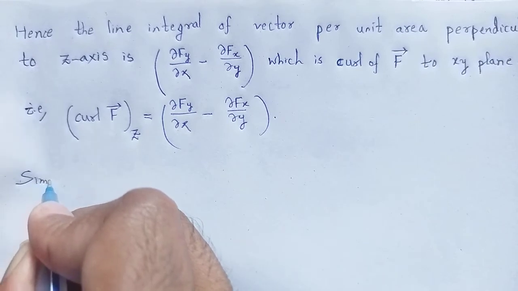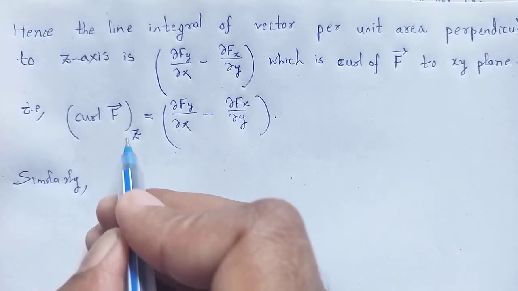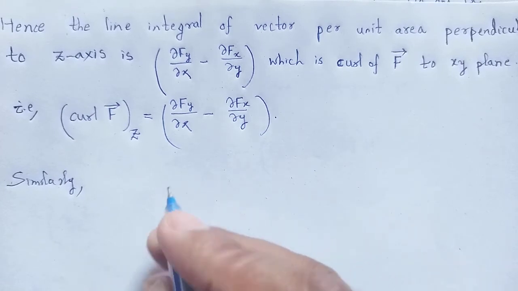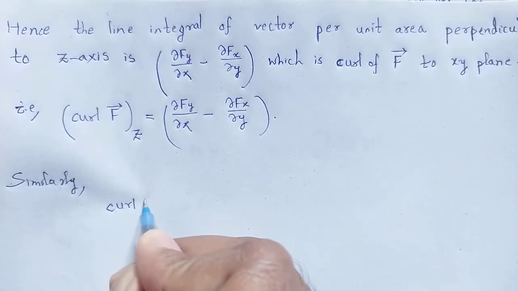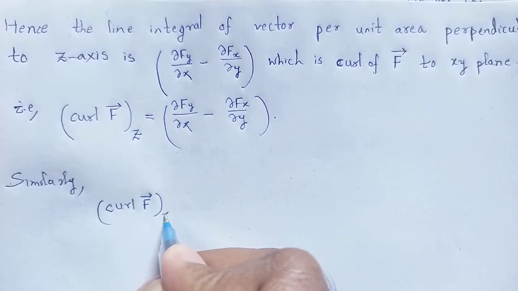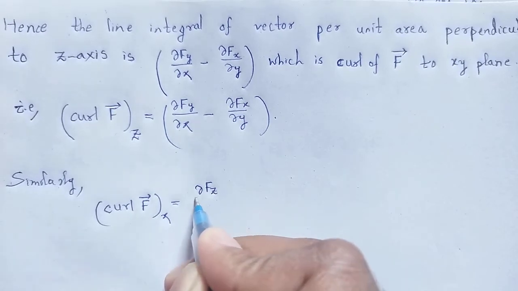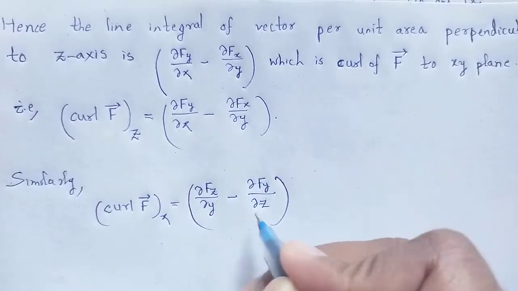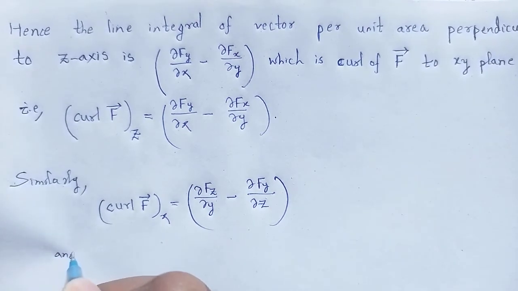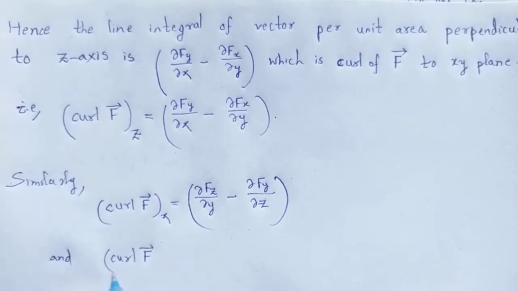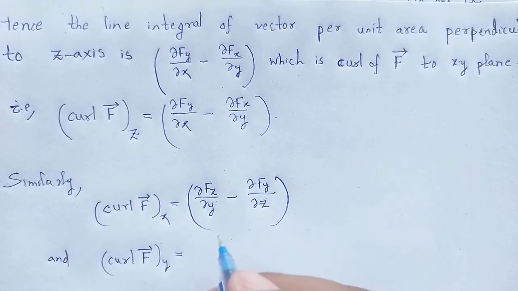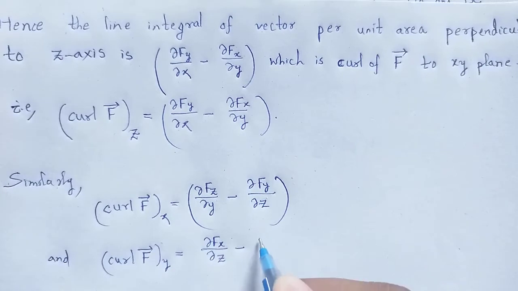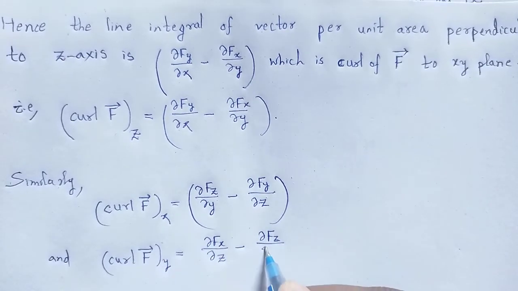Similarly, curl of f perpendicular to x axis and curl of f perpendicular to y axis is given by curl of f vector to that of x, that is del fz by del y minus del fy by del z, and curl f vector perpendicular to that of y axis, del fx by del z minus del fz by del x.